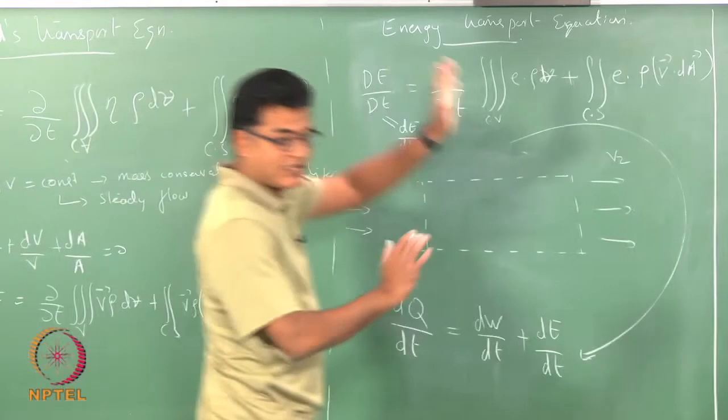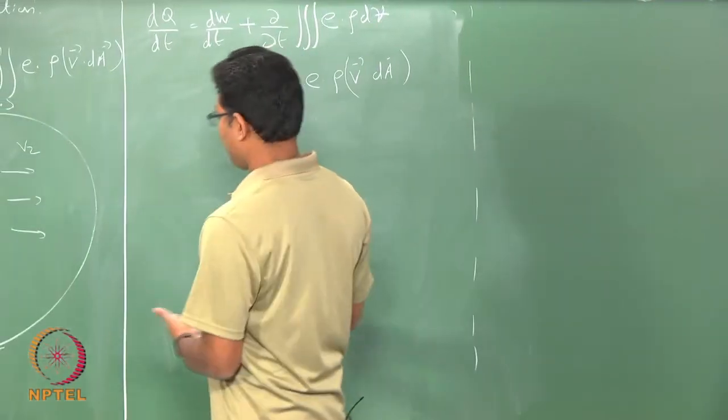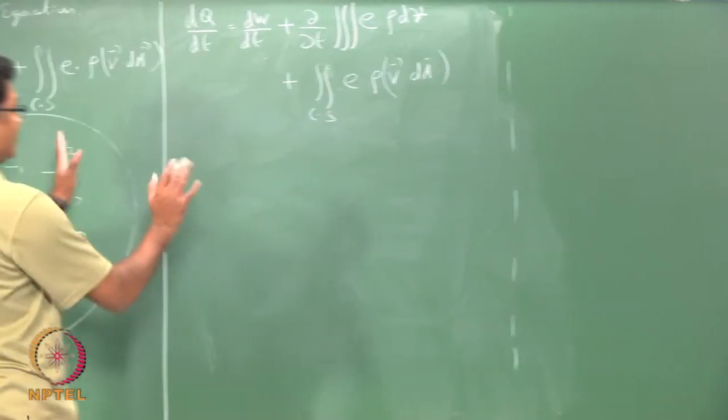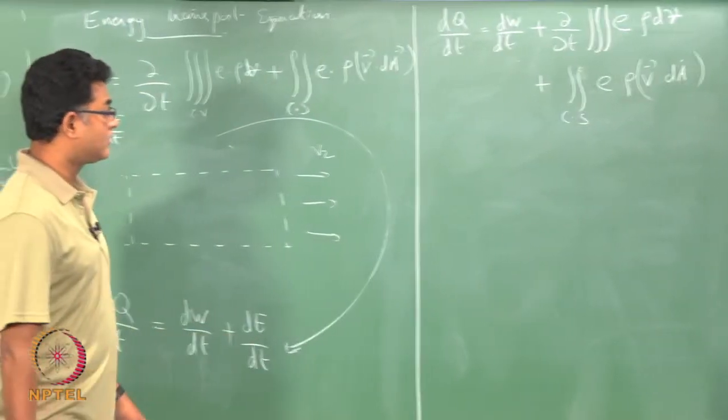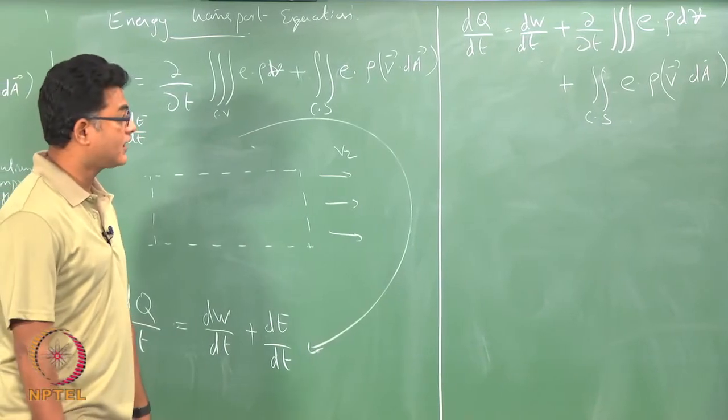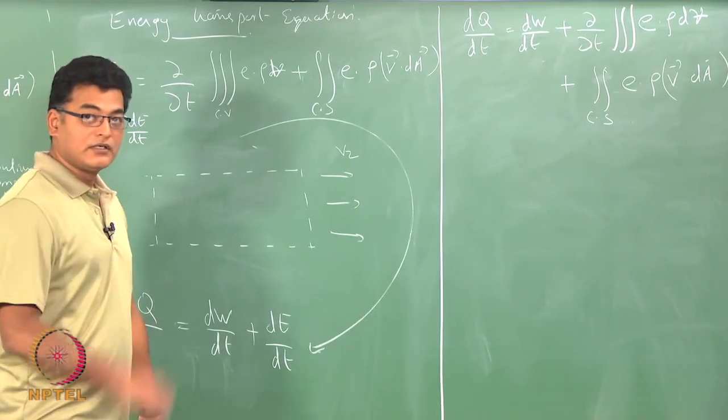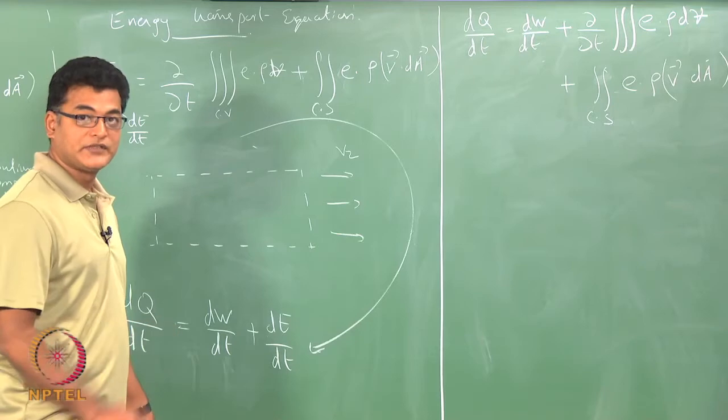This is the general form, valid for three dimensions, and we have not assumed anything here. So, this is valid for any kind of flow, adiabatic or isentropic or any kind of flow. Now, we will take some assumptions and reduce this equation further.